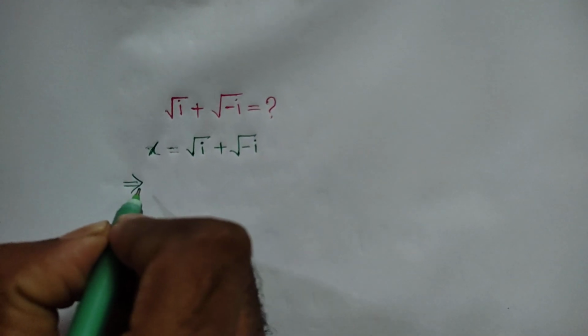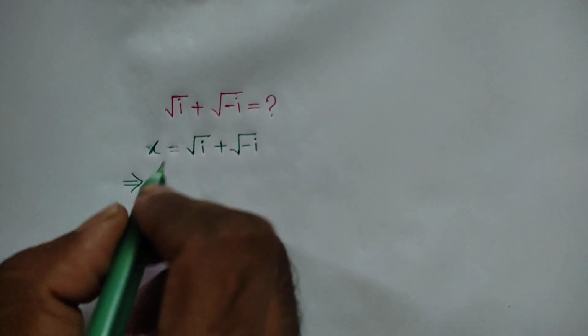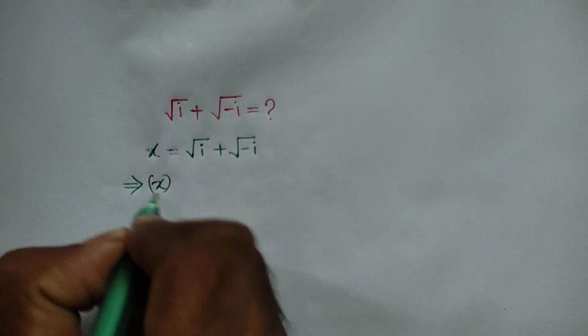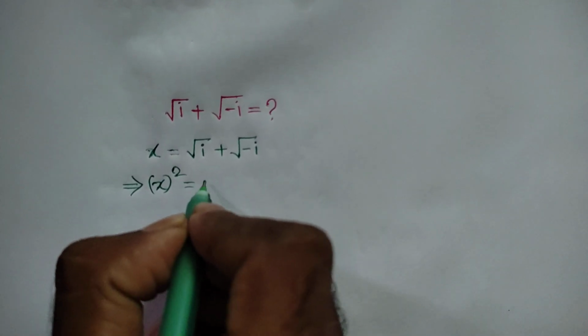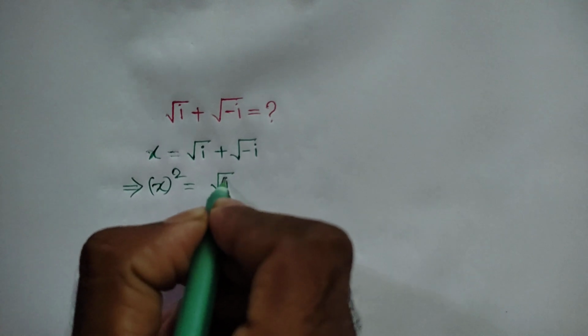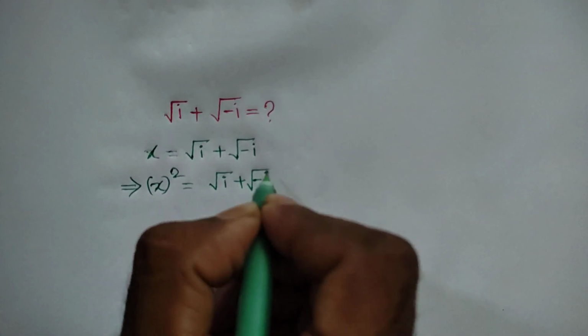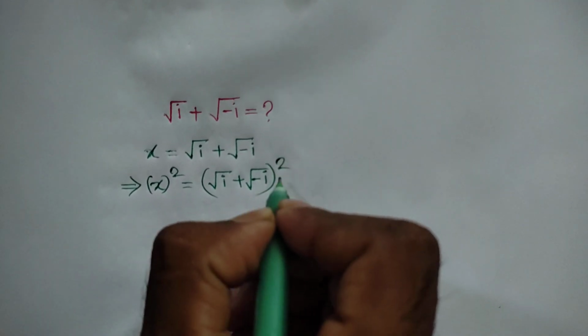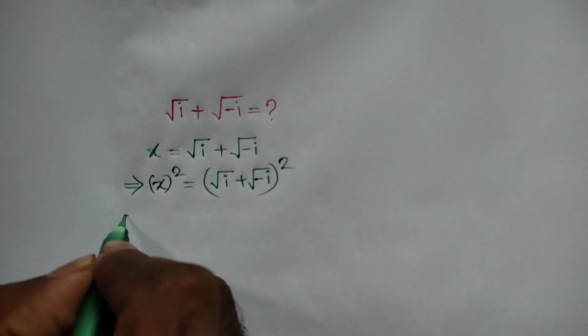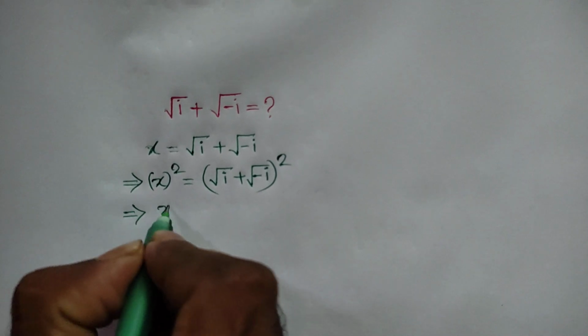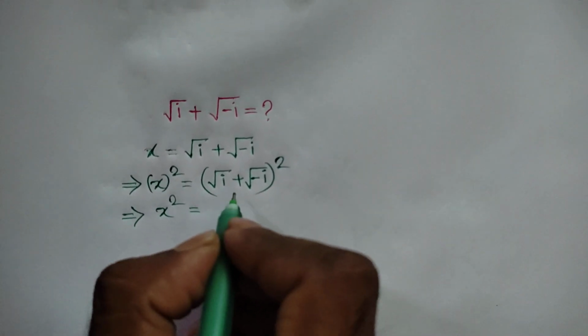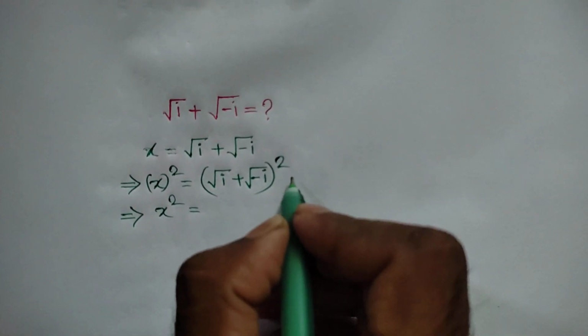or taking square to both sides, we can write here x square is equal to (square root of i plus square root of negative i) whole square, or x square is equal to, here we can apply an algebra rule.